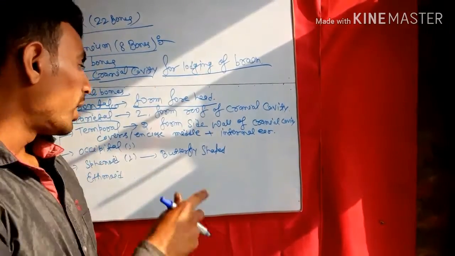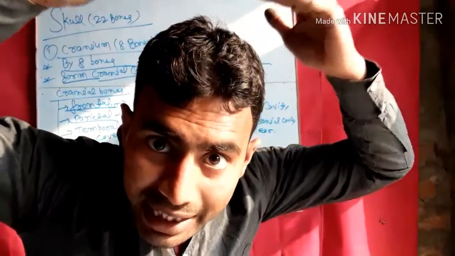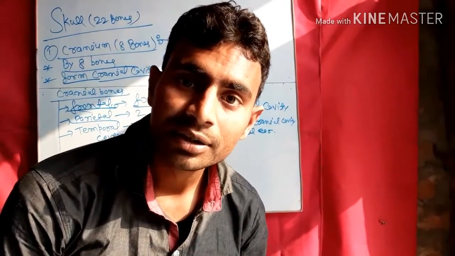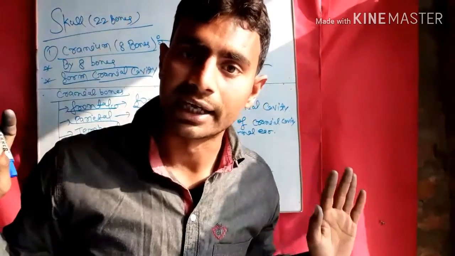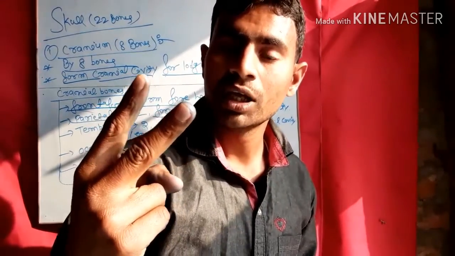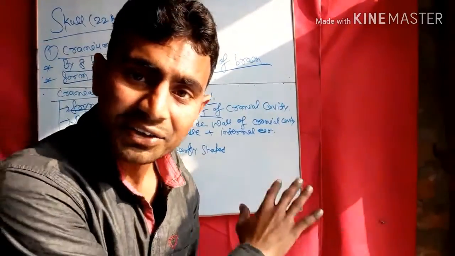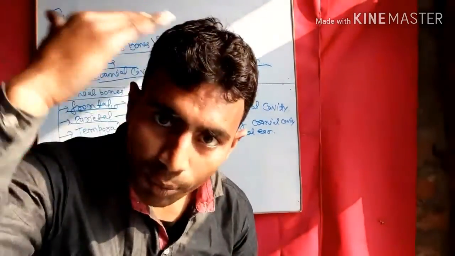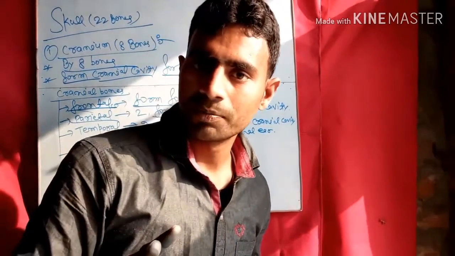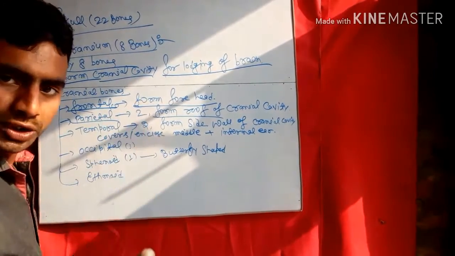Parietal bones form the roof of the cranial cavity. So frontal is one bone, parietal is two bones, three bones.